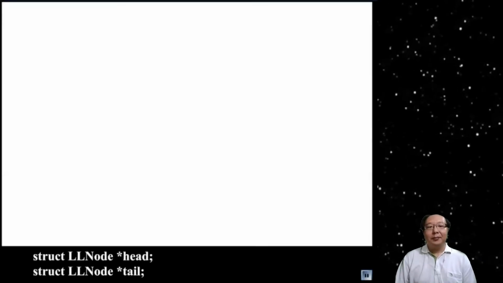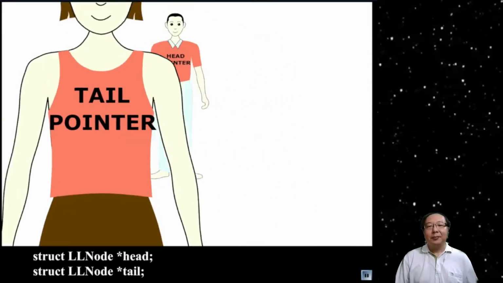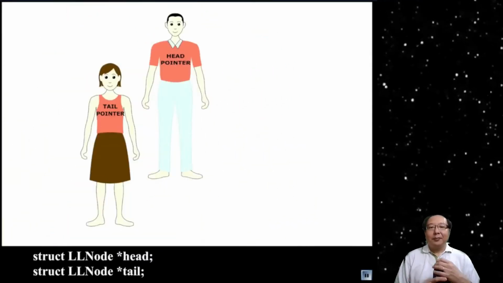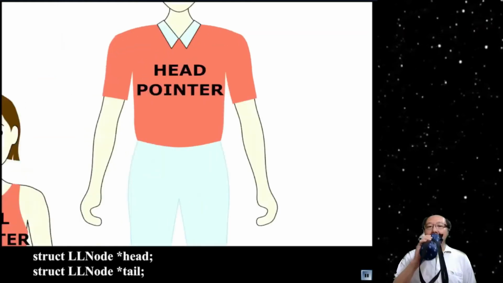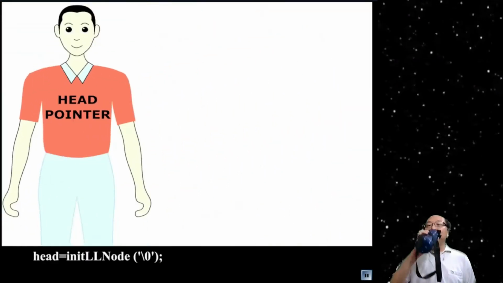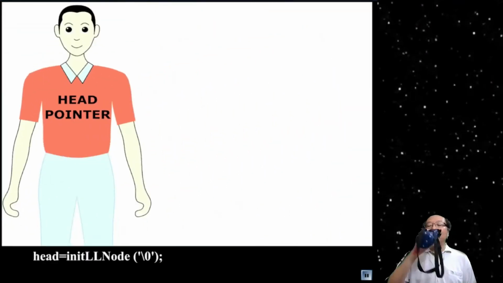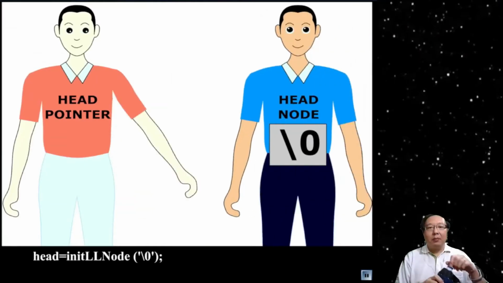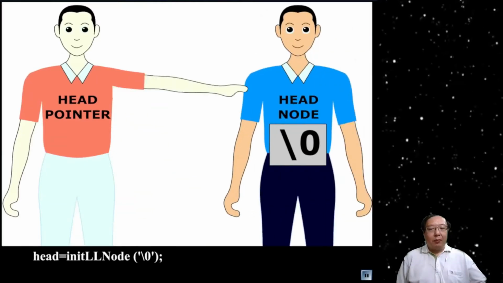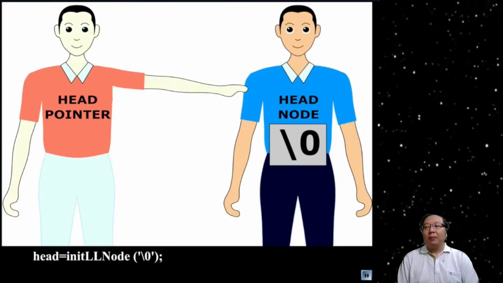Okay, there we go. First, we declare a head pointer and a tail pointer. They are both pointers to struct LR node. Now, we call init LR node to create a new LR node and make head point to it. This is the head node, which has a null character in it.